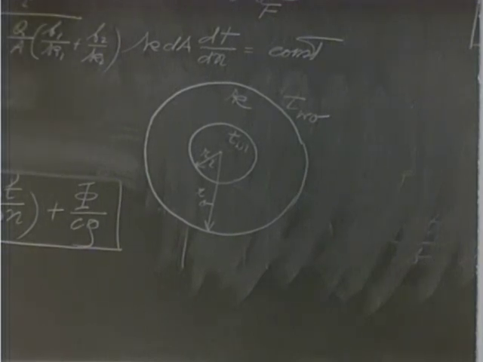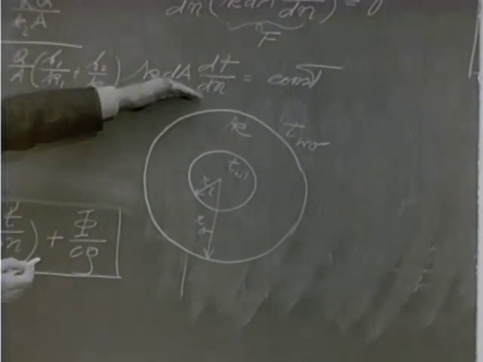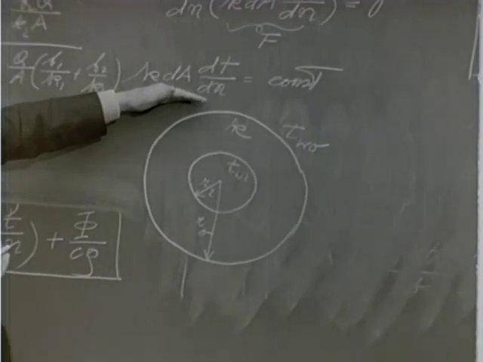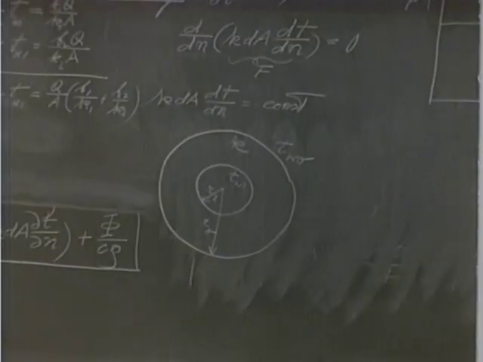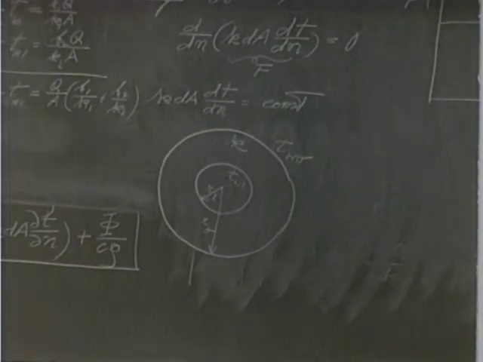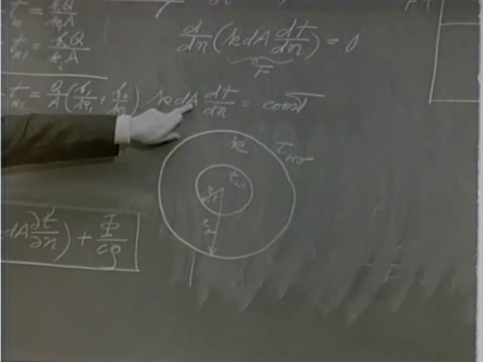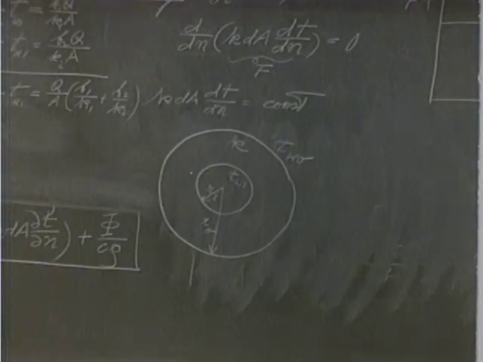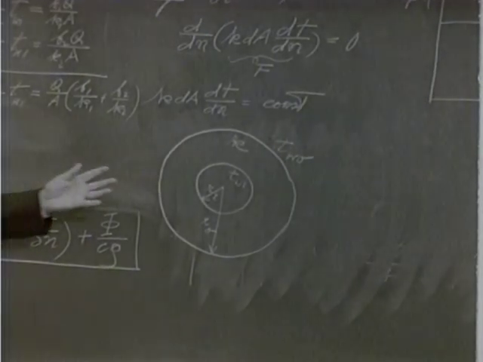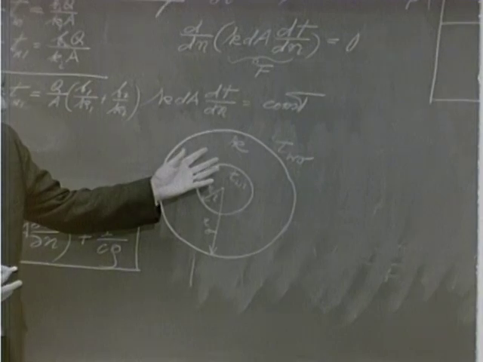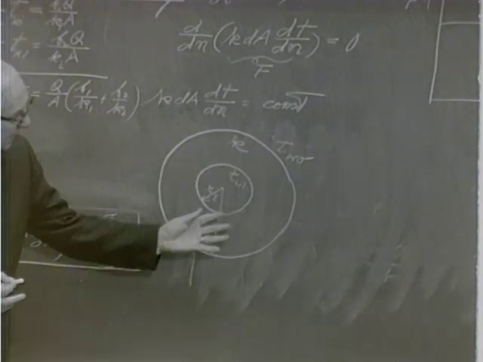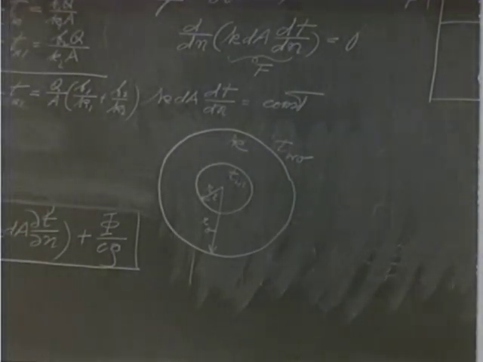And again, since the equation up to here is general, we didn't have to restrict in any way the geometry, we can start out with this equation. But again, we have to know how the dA varies with n. Now, again, in this situation, obviously, we can easily determine the shape of our isothermal surfaces.